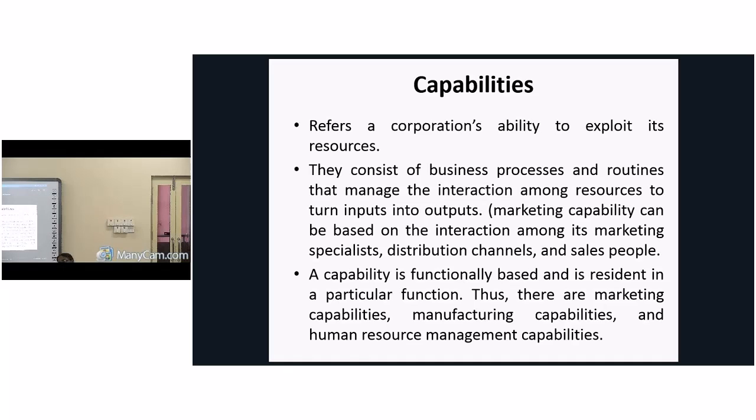For example, a computer is a resource, but you can't use the resource if you don't have the competency. So, organizations also have competencies, the abilities of using these resources.